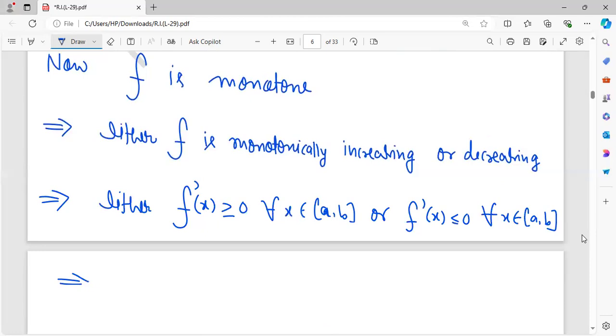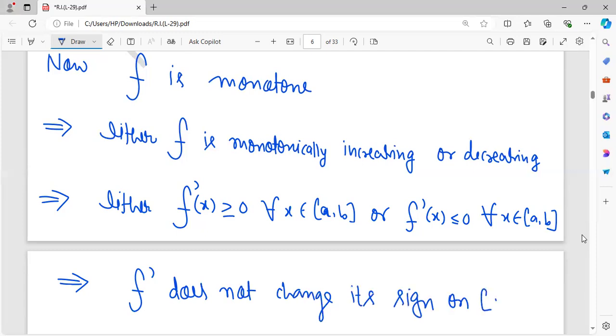So this implies that f dash does not change its sign on closed interval a b.